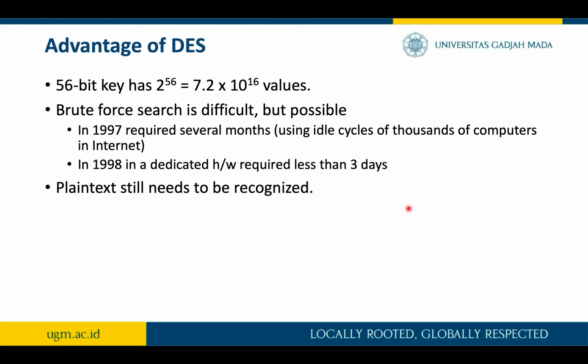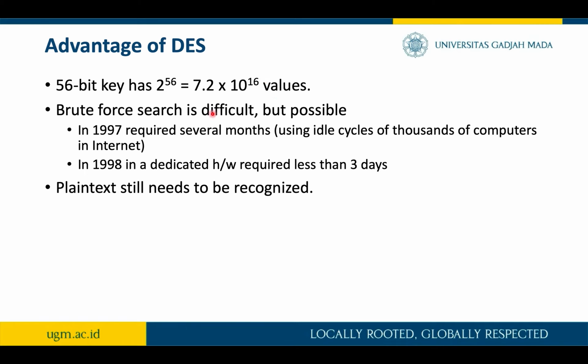At the time when it was proposed, there were advantages. One of the advantages of DES is that the key looks very large. We have here a 56 bit key, so there will be this many values, very large.